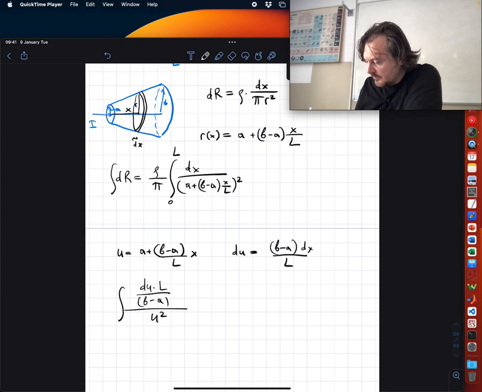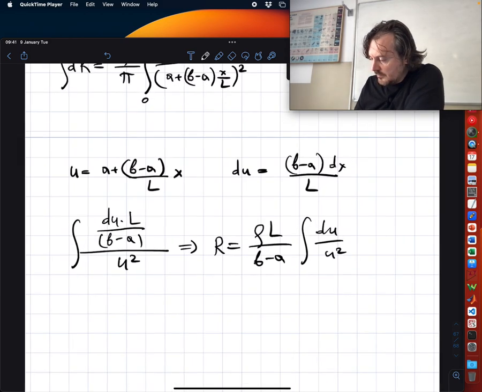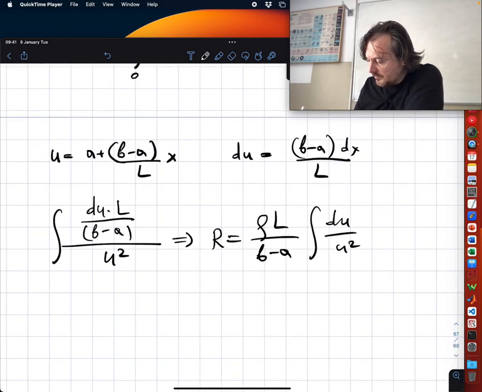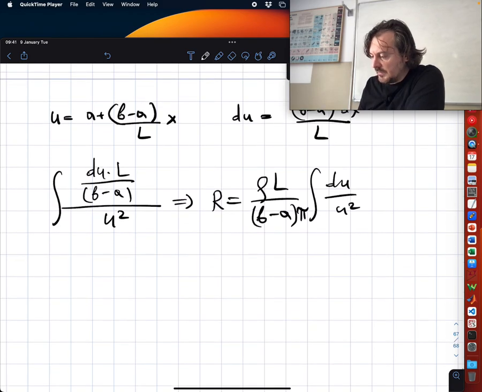Then R becomes rho L over (B minus A), integral du over u squared. I forgot pi. I will put the limits at the end.